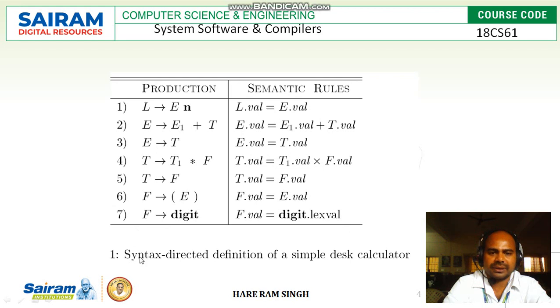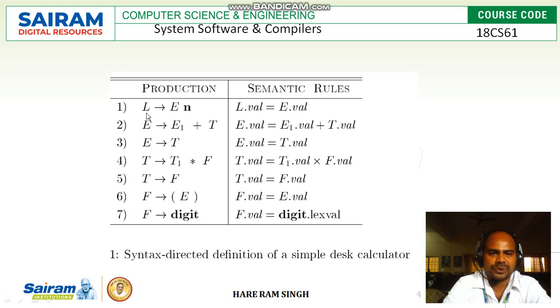As an example, we will draw one syntax directed definition. In the syntax directed definition, along with the production, the semantic rules will be associated. Then it is called the syntax directed definition.